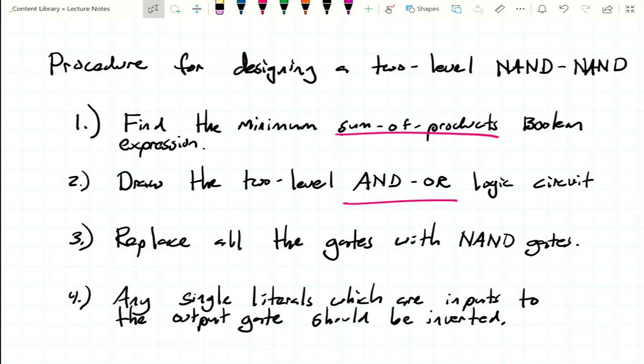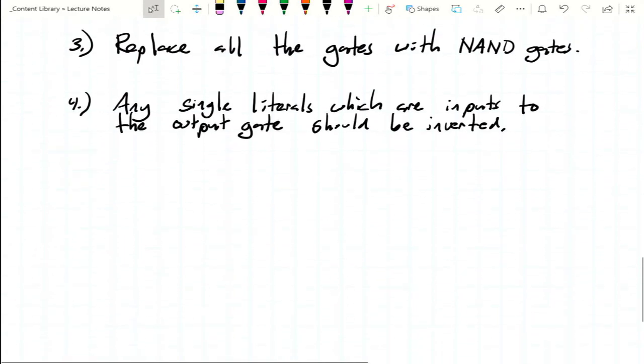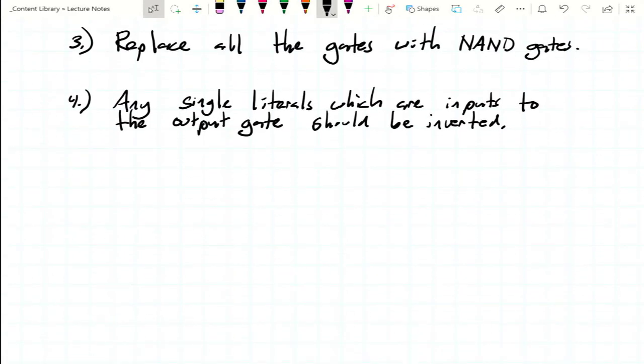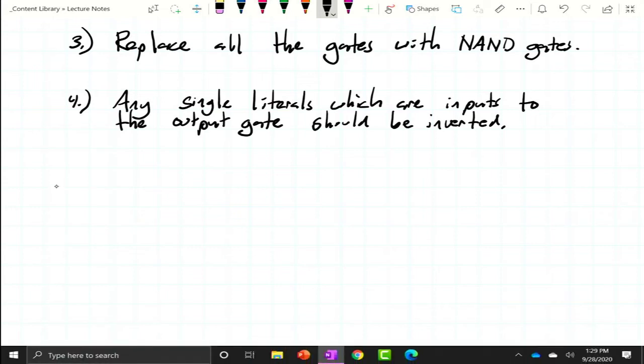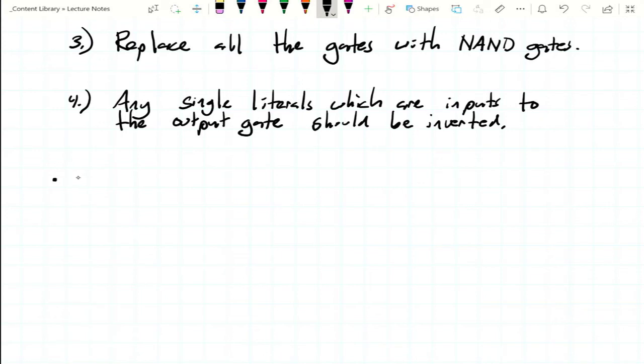Okay. So, to get a circuit of NOR-NOR, you're going to do exactly the same thing, except for a few changes. We'll just make a note here and do an example.